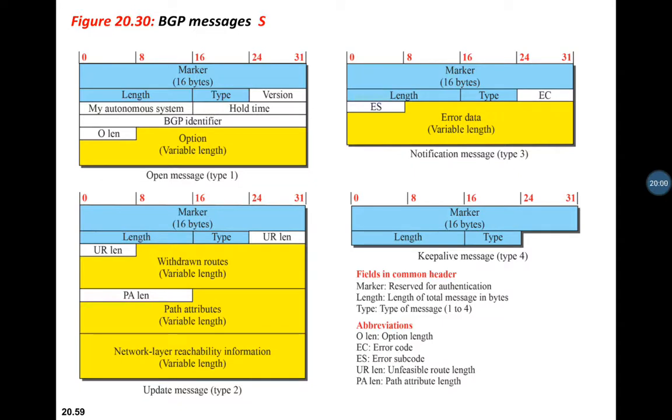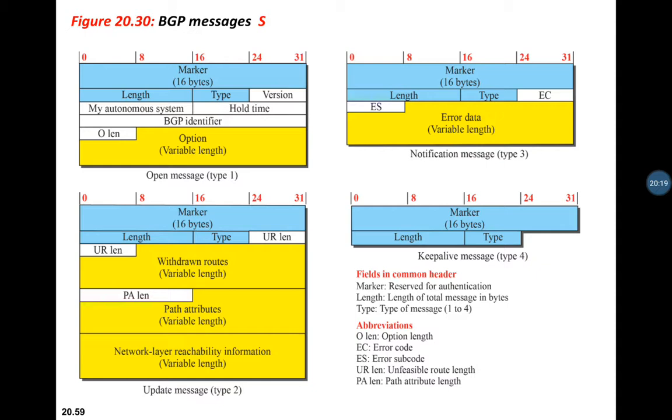So this ends module 4. The first half of module 4 concentrated on the network layer protocols, where we discussed the internet protocol, ICMPv4 protocol, and also mobile IP.